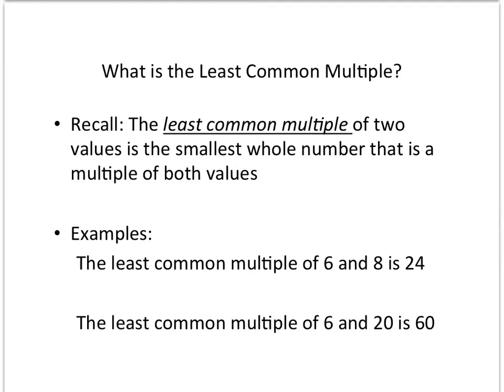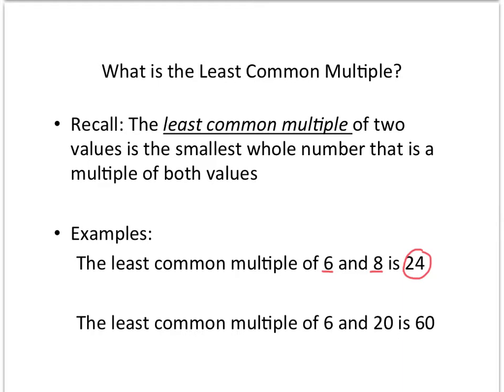So as a quick review, a least common multiple is the smallest whole number that is a multiple of two given values, or even three given values, or four given values. So as a quick refresher, I can say that if I gave you 6 and 8, well, I know 24 is the least common multiple because 6 times 4 is 24, 8 times 3 is 24.